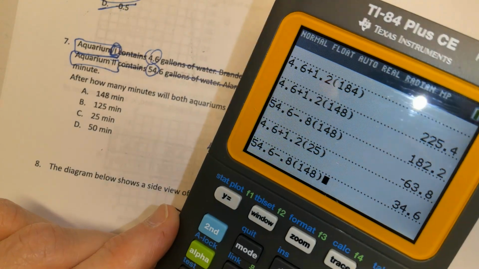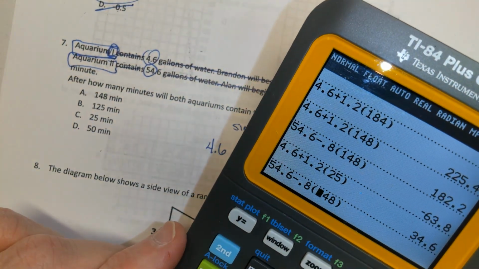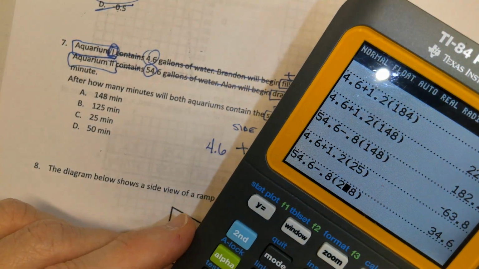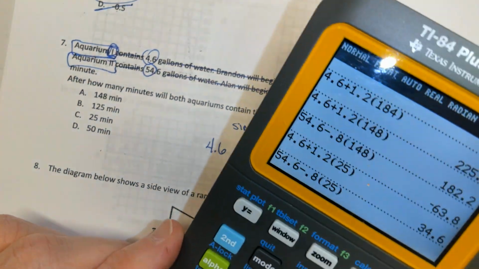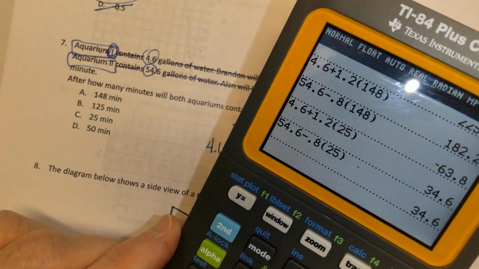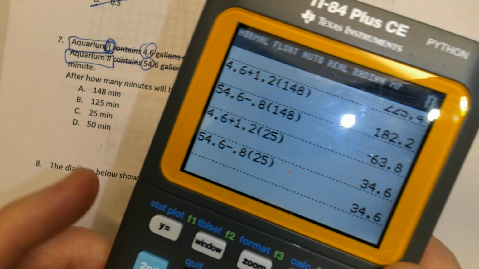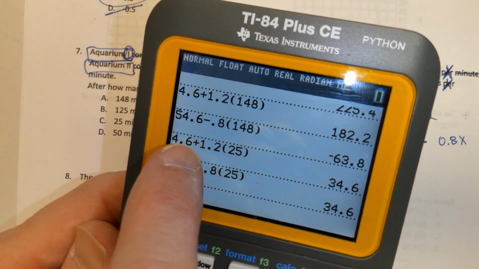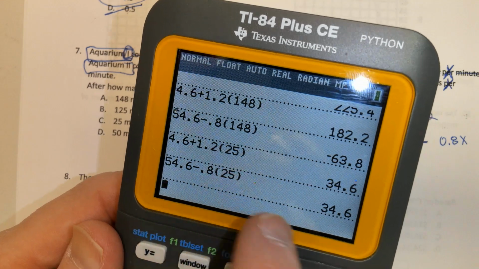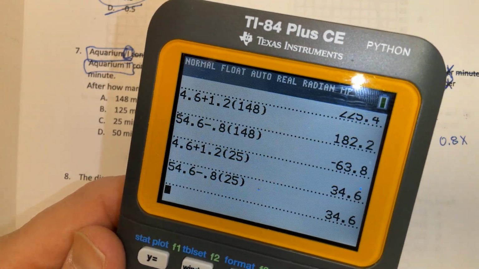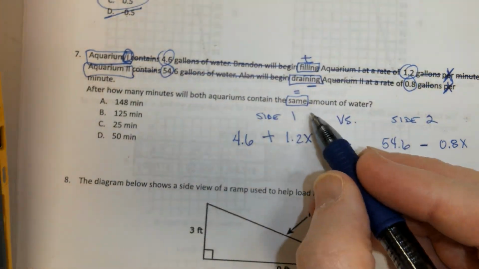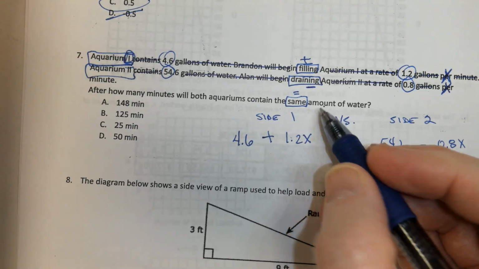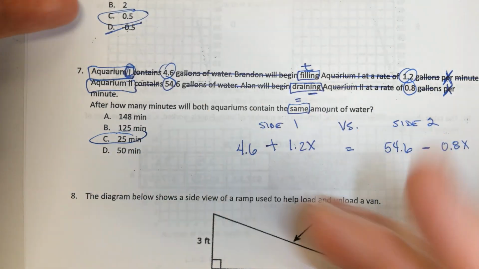The side 2, I'll go change that to 25. And there I get 34.6 for both sides. If x equals 25, using the equation that you decoded from the words, that is when both sides are the same amount. The answer was C.